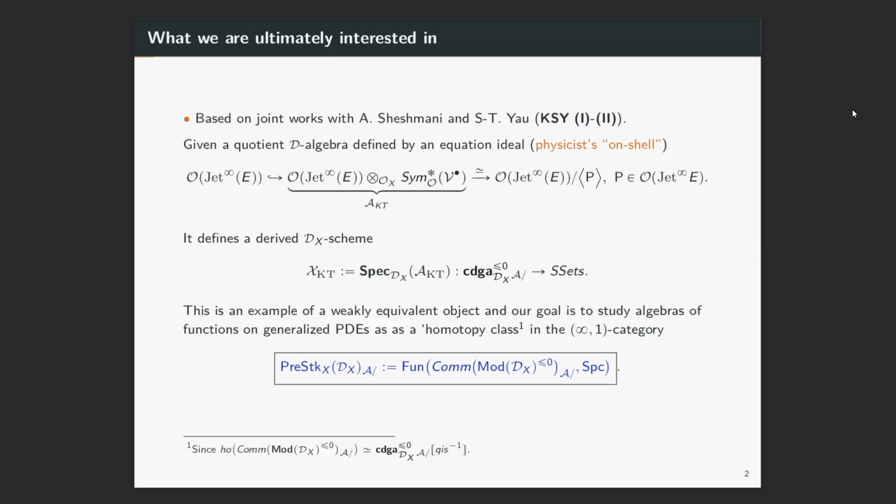The most important point about it is that there's a distinguished class of morphisms that exist in here, the so-called weak equivalences. Essentially, these are what we want to be viewing our objects as equivalent up to. So we'll say they're the same if they're weakly equivalent. Typical examples are quasi-isomorphisms of chain complexes, and these are actually going to be the weak equivalences underlying most of the objects here.